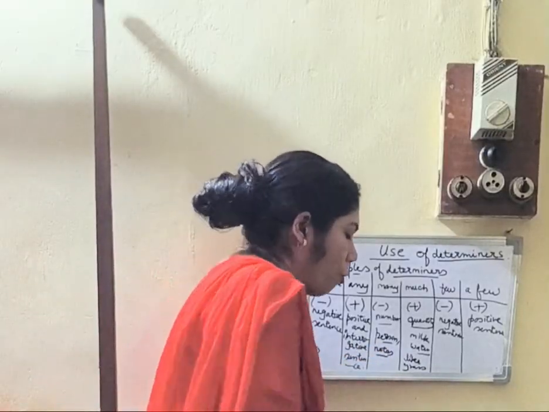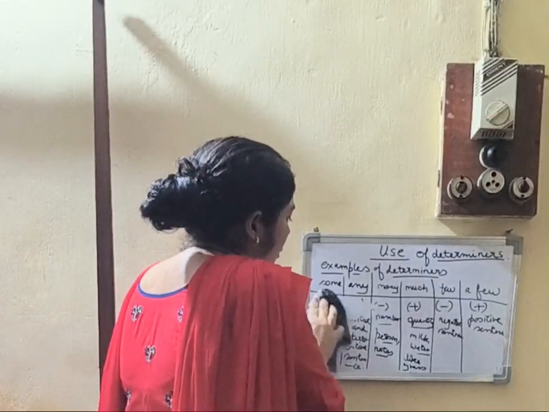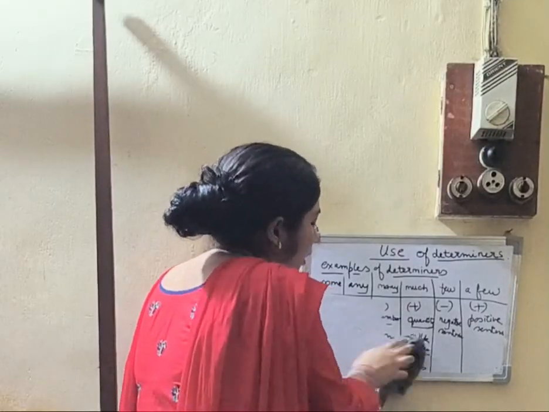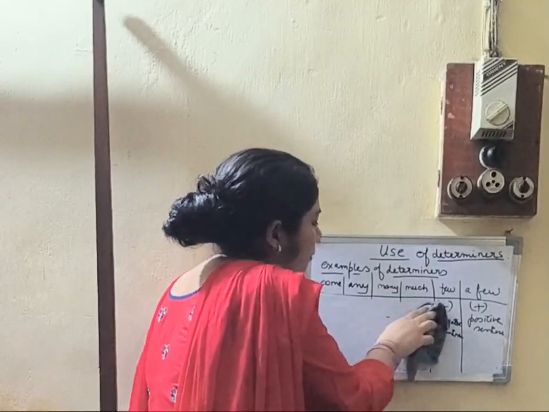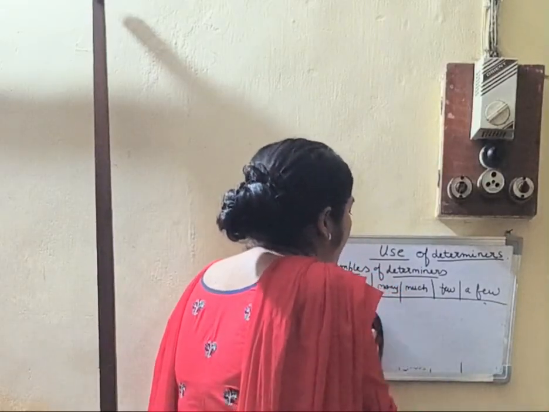So now moving to the next point, that is some, any. I have given you two examples, then many and much.